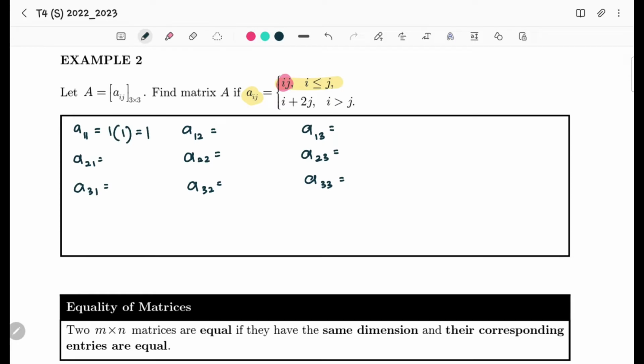And then a12, i is less than j. Still we follow the first function, 1 times 2. And the third one, a13, still i is less than j, so we follow the first function, i times j. i equals 1, j equals 3, so 1 times 3.